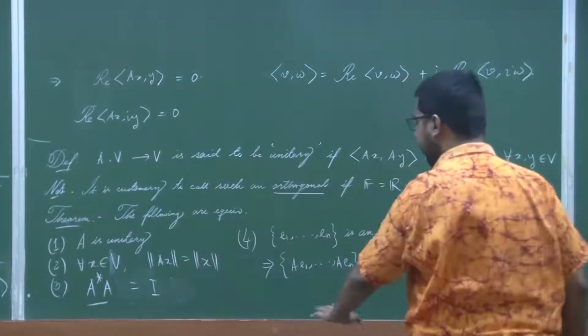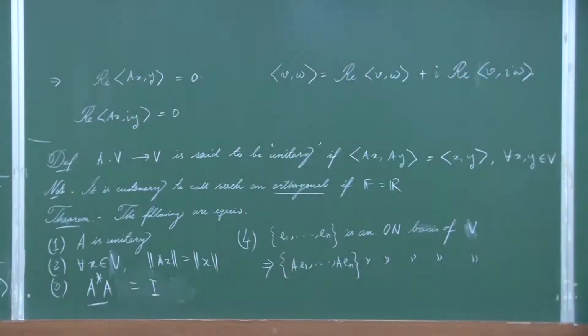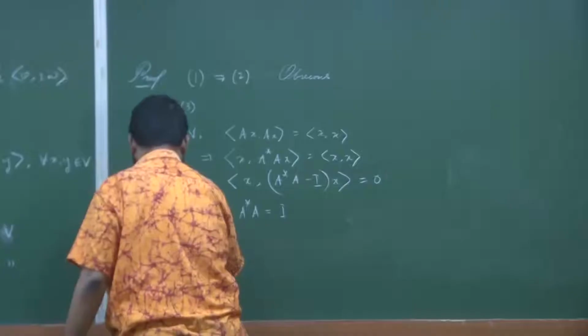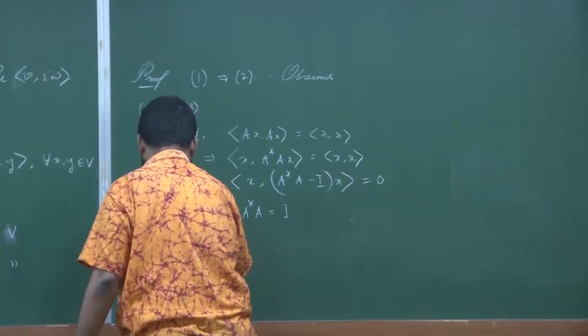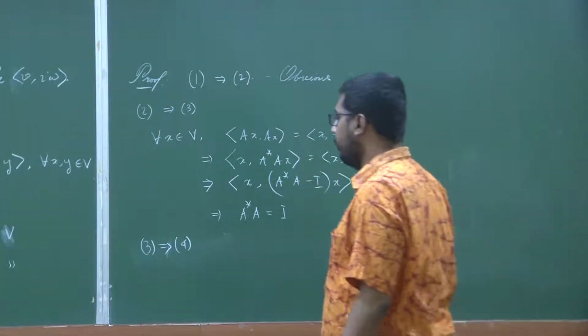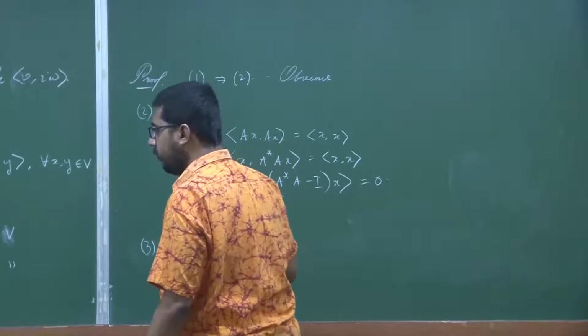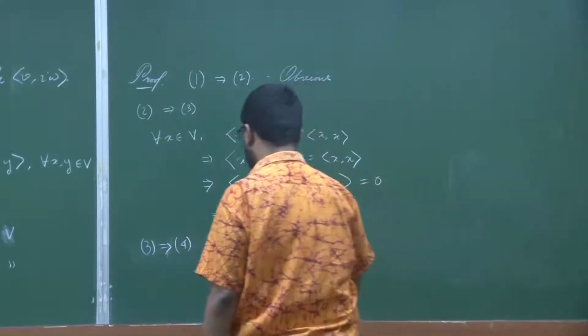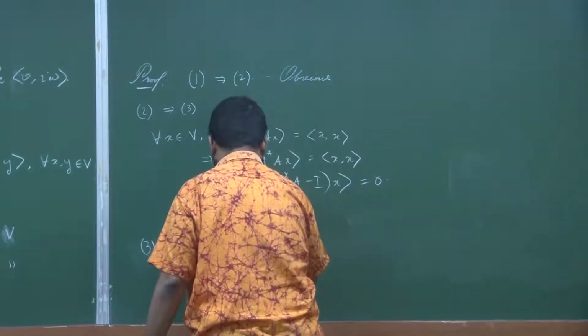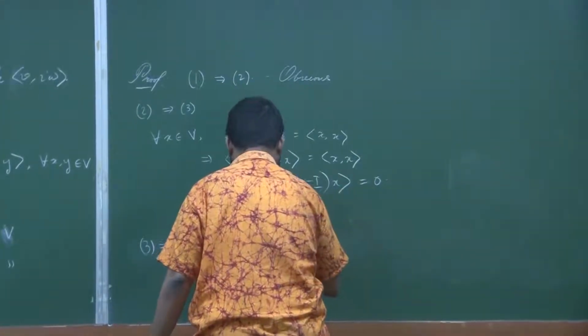So, after this modification, 2 implies 3, then we will try to show 3 implies 4. In order to show 3 implies 4, we need to show what happens to this.